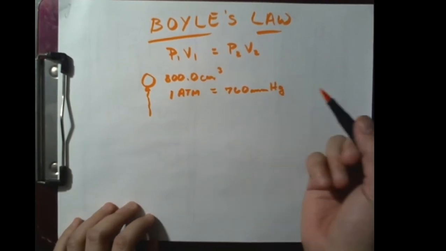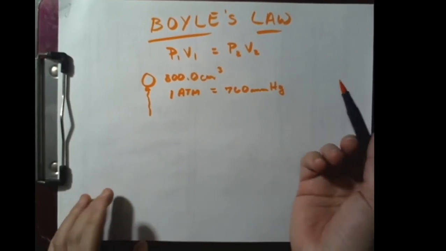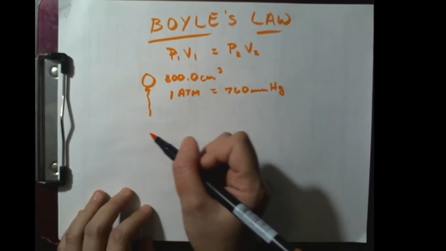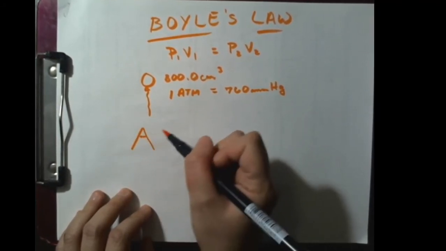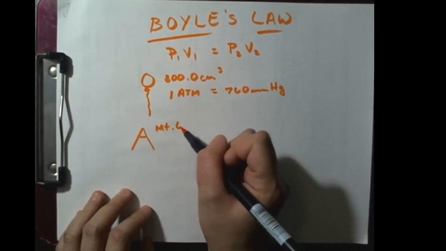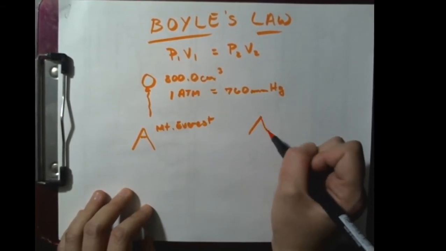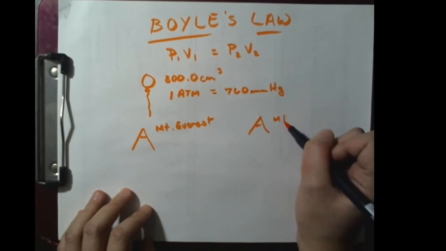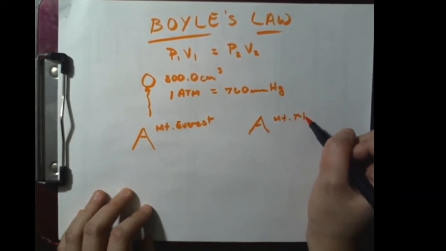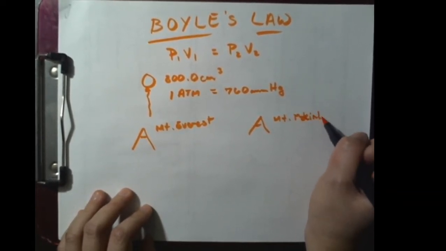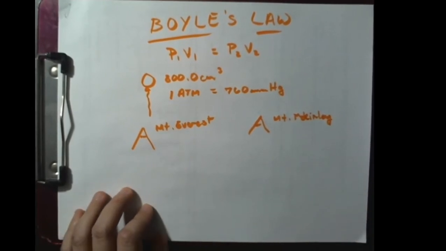Now, the next information we've been given are the two mountains. So we have one mountain, Mount Everest, and we have a second mountain, Mount McKinley. My handwriting sucks, I'm sorry.